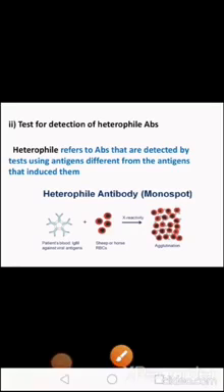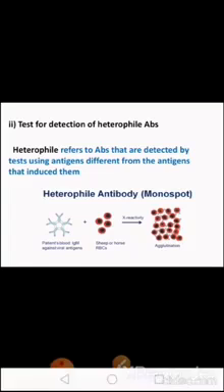Test for detection of heterophilic antibodies. Let's try to understand this with the help of this picture. The heterophilic antibodies formed in infectious mononucleosis agglutinate sheep or horse red blood cells in the laboratory. These antibodies do not react with any component of Epstein-Barr virus.